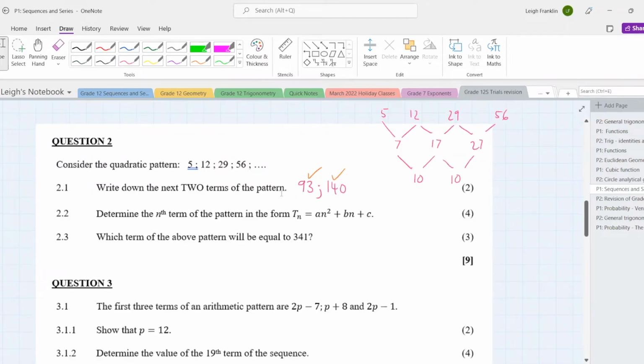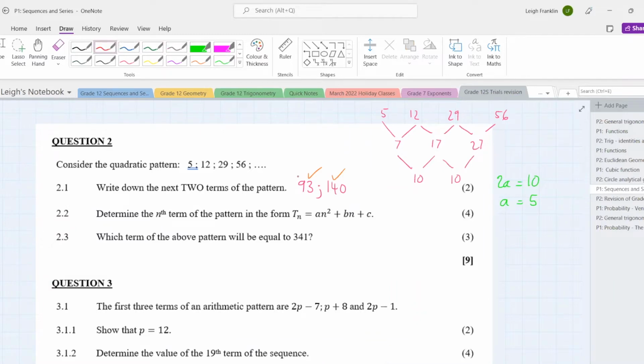Won't you have to say 2a equals the second difference, 10? Yes, quite right. That's the second difference. So we take 2a and make it equal to 10, which means that a is equal to 5. Good stuff. Now when we want to work out b, what formula do we use?